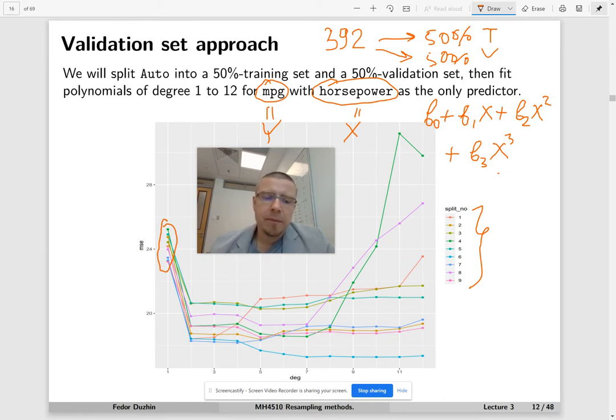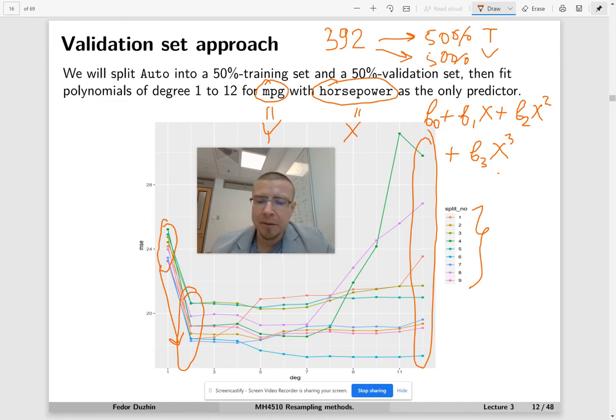In all these 9 experiments, the error drops when we continue fitting models, and the polynomial of degree 2 is much more accurate than the polynomial of degree 1. But then we have differences, right? In particular, when we have our polynomial of degree 12, different models have a very different error. And I guess we can assume that there is overfitting here.